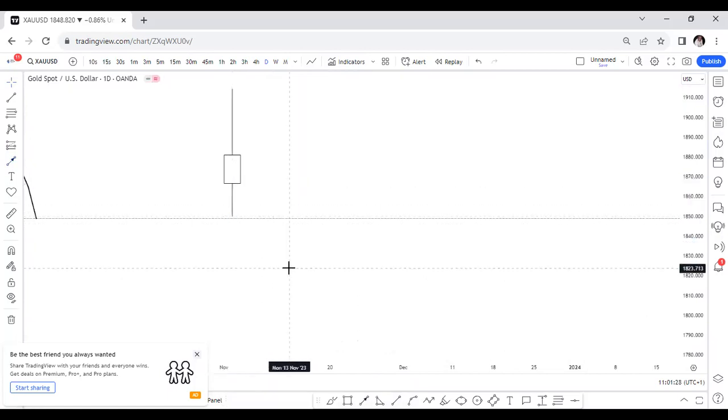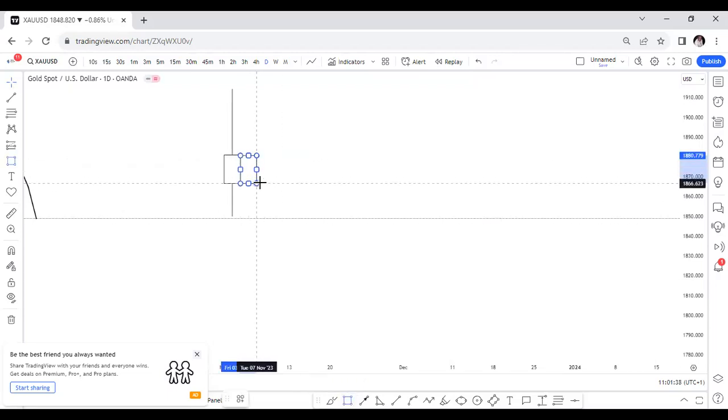I'm teaching you now how to mark your engulfing zone. So you have the bearish candlestick that comes down with it.